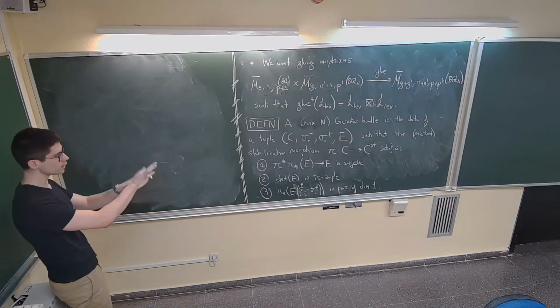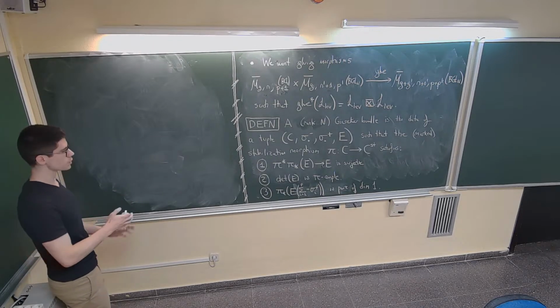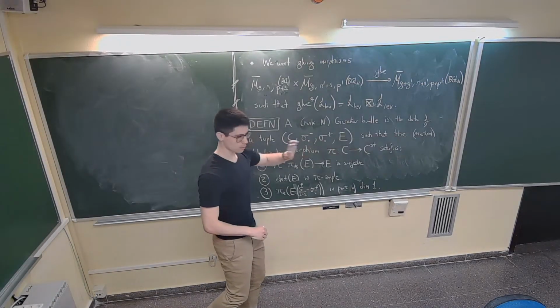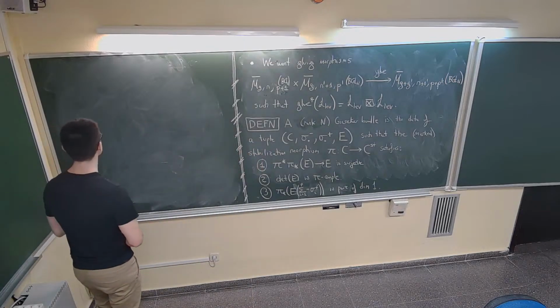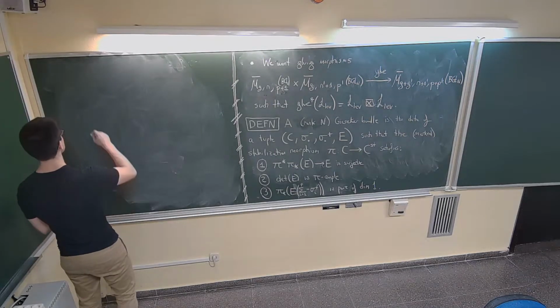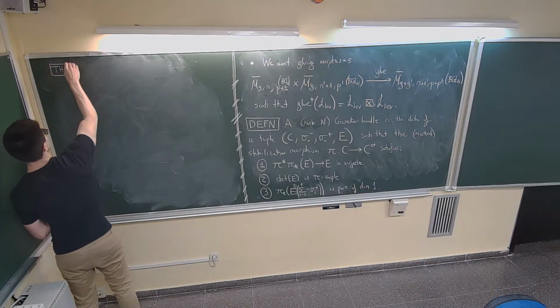So this is pretty straightforwardly an open condition. It's an open substack of the stack of all marked curves with vector bundles. Okay. Maybe let me state the main theorem, and then I'm going to explain what this moduli is after.